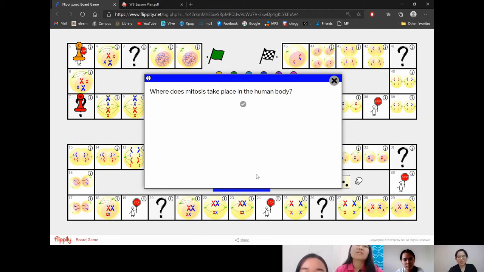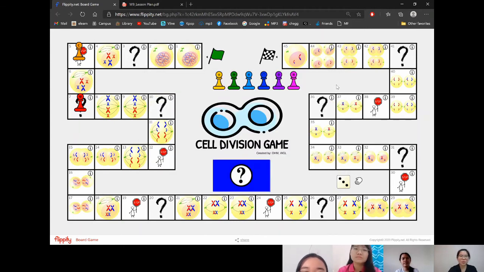Start with S. Can teacher repeat again? In our body, we have reproductive cells, and then what cells again? Somatic cell? Yes, correct. You can check your answer. You click the tick button. Yes, somatic cell. Okay, you can move forward one space.